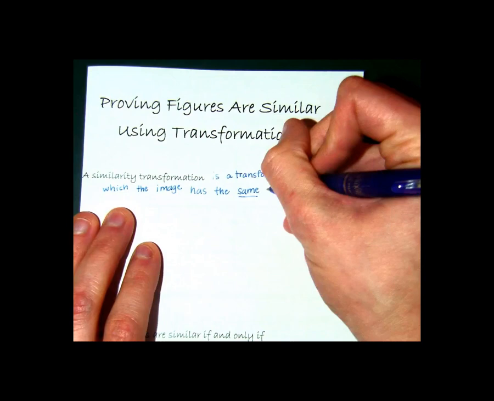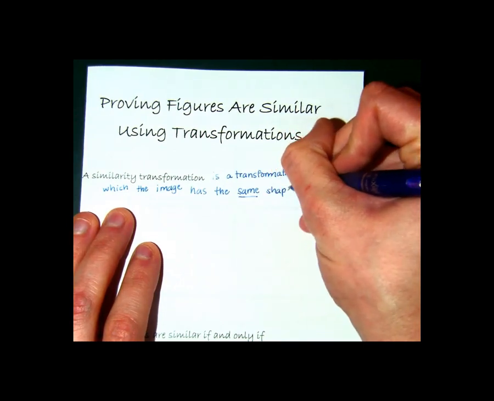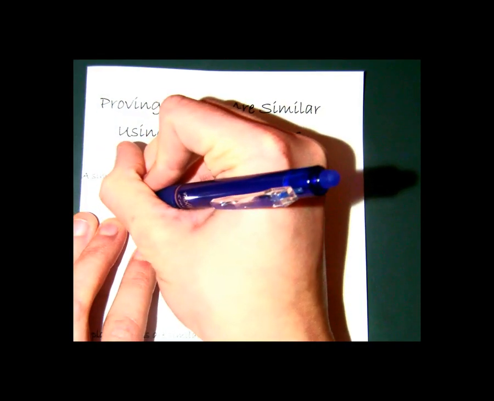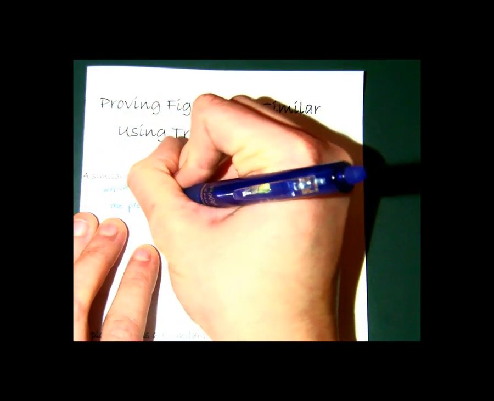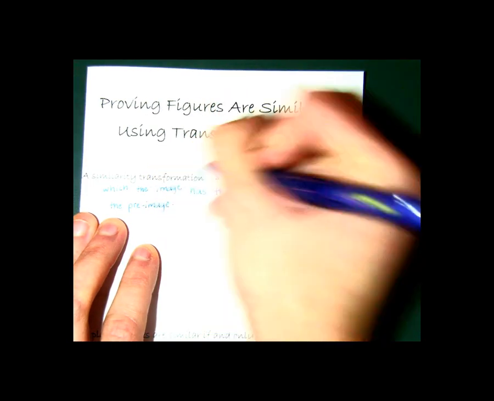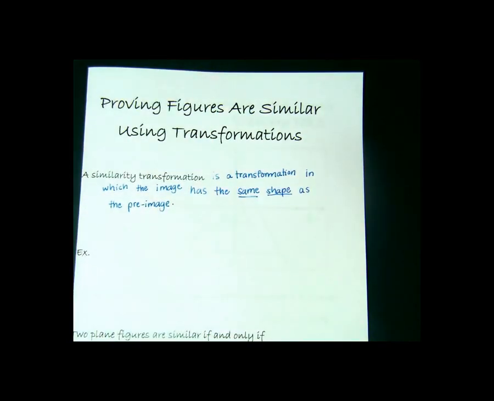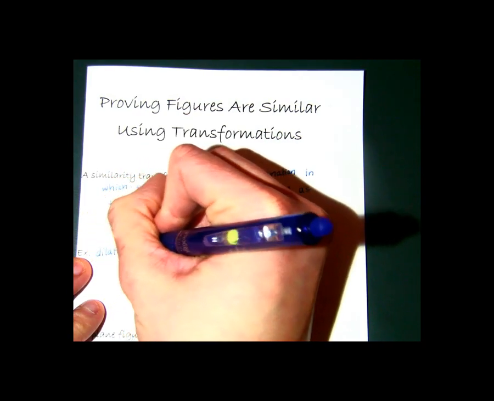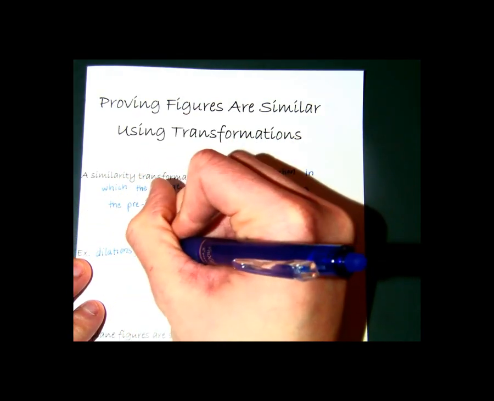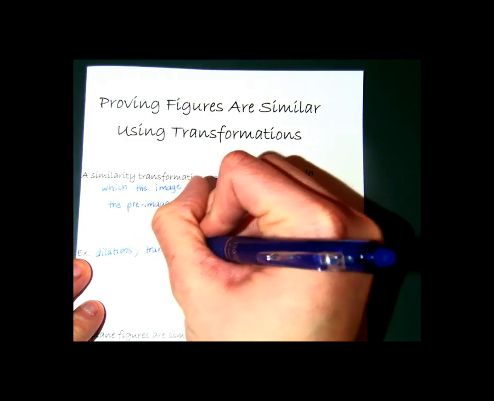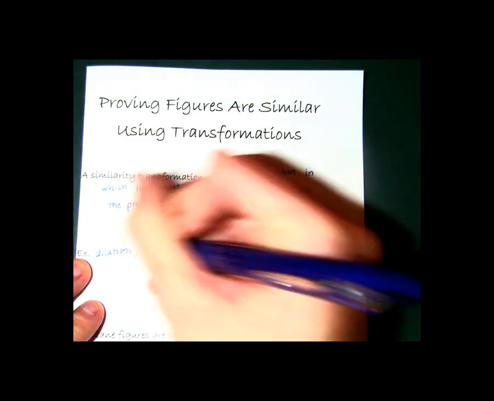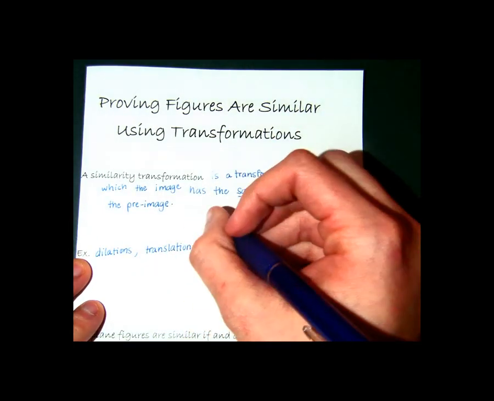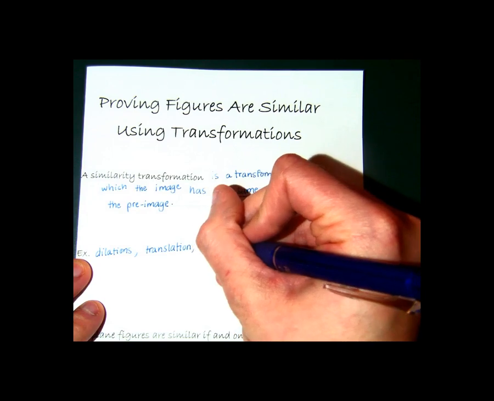Won't be the same size, but it will be the same shape. An example of that is dilations and any of the rigid motions like translation, reflection, or rotation. Specifically dilation because we will have same shape but not same size. But it also will involve any of the others.